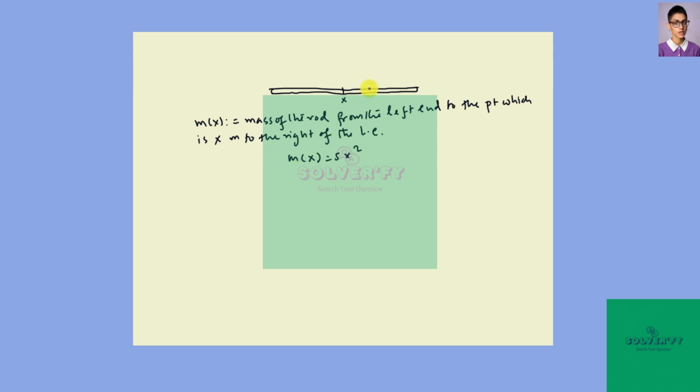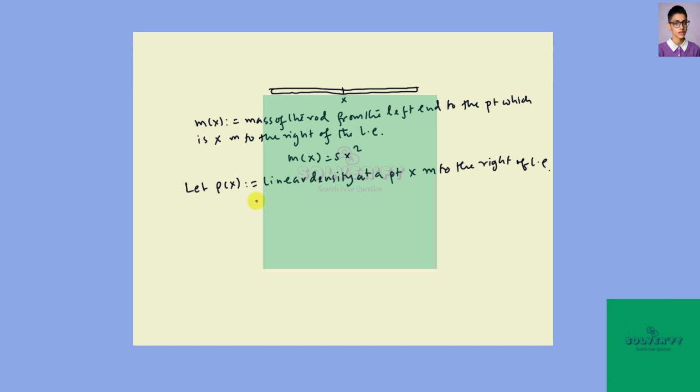Now the linear density of the rod, if we denote it by rho(x), is defined by the small change in mass divided by the small change in length. Let rho(x) be defined as the function which gives the linear density at a point x meters to the right of the left end.